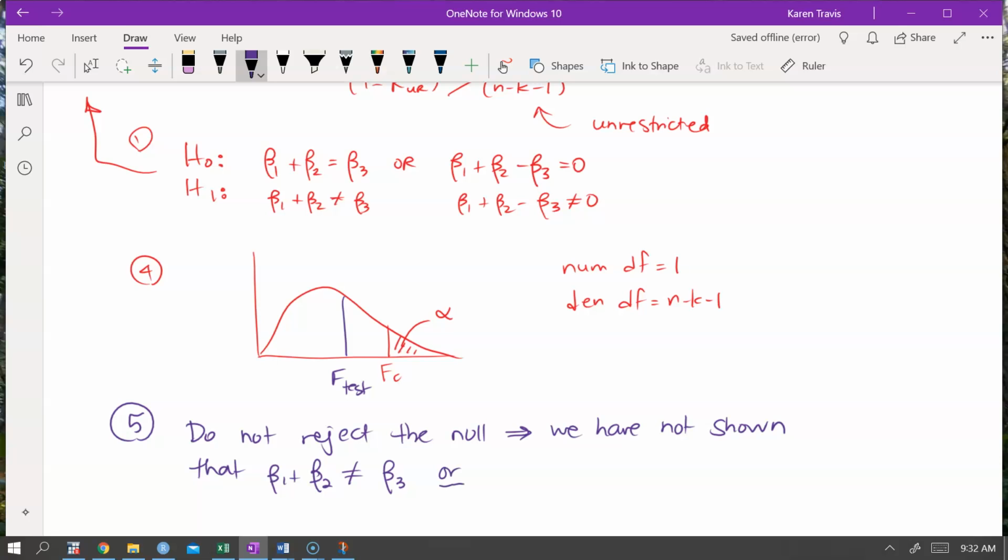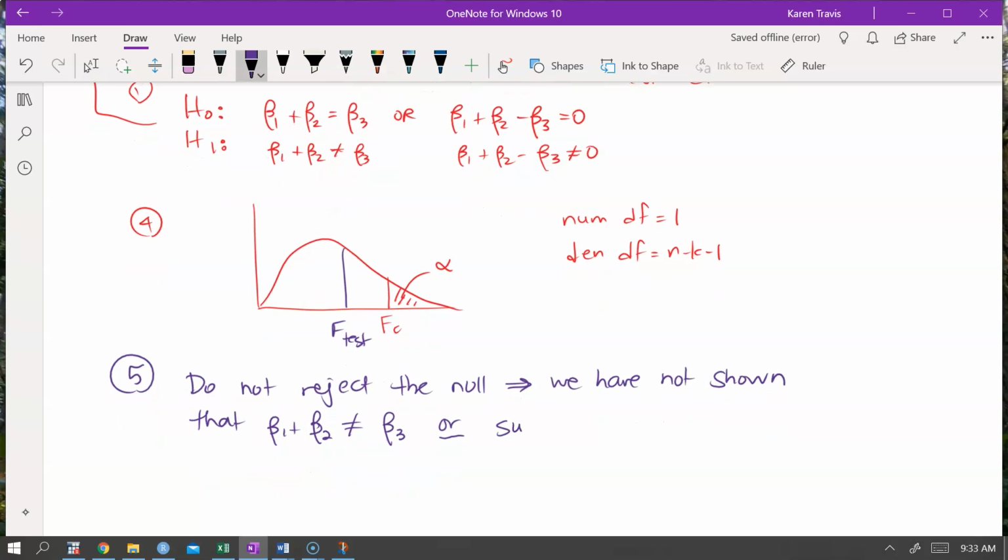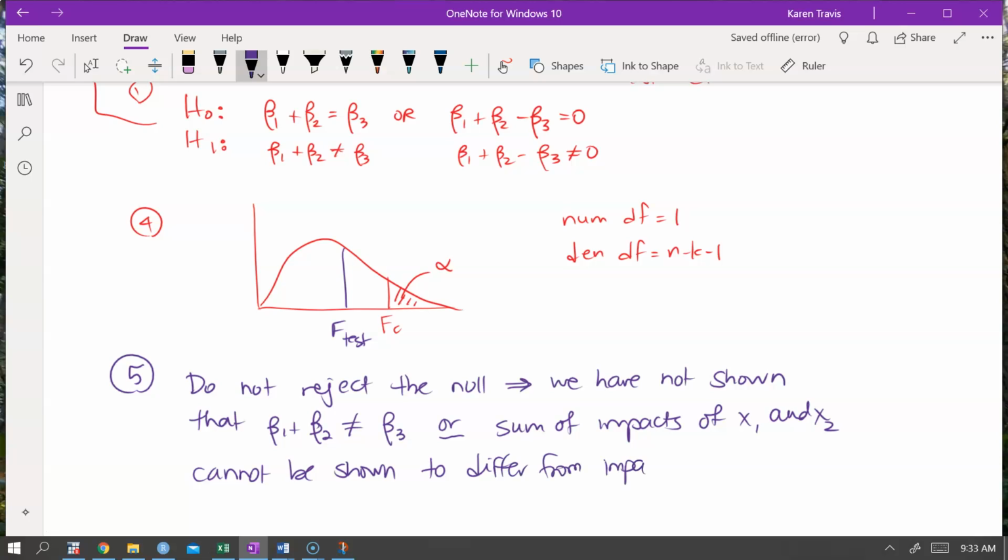Or in the context of this story, the sum of impacts of x1 and x2 cannot be shown to differ from the impact of x3. Notice I cannot prove that they are equal. I can only test that in the null and prove whether or not they're unequal.